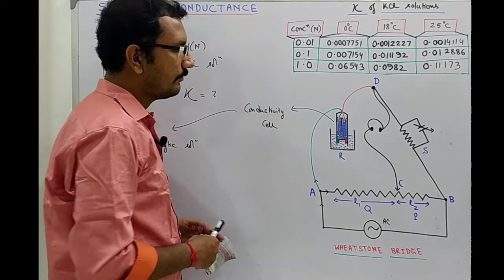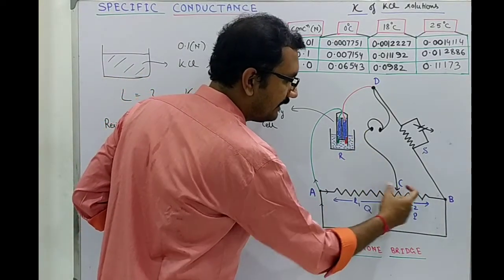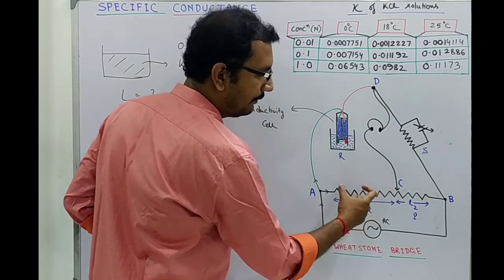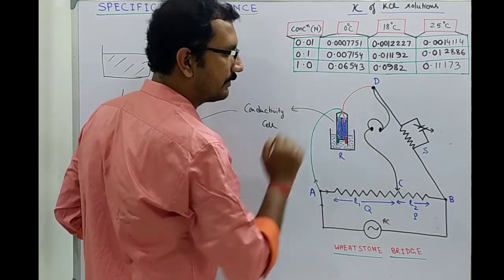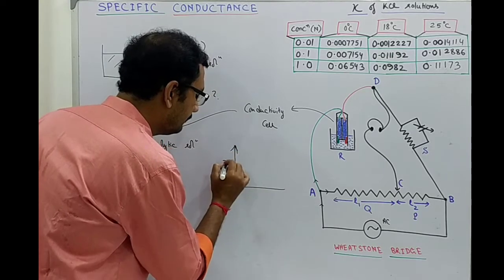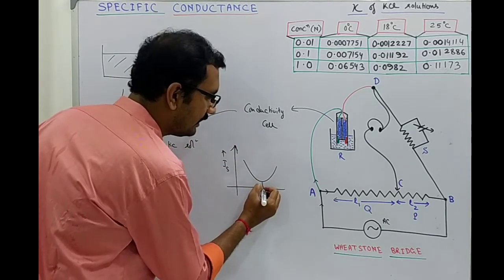So, you have to find by sliding this point C over this uniform wire where the earphone produces minimum sound. If this is the intensity of sound, then it will pass through a minima at a position.